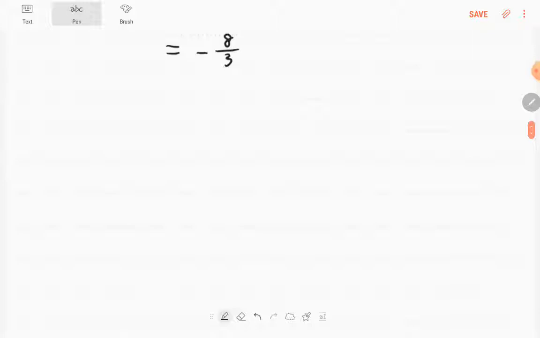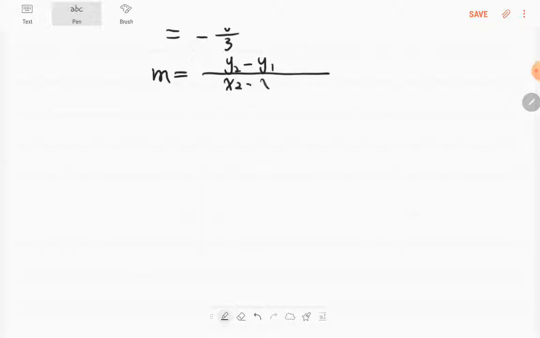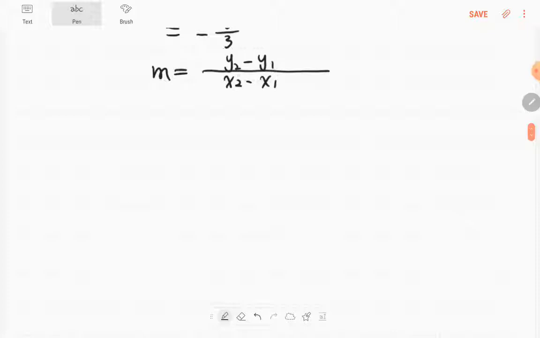So we will always get this formula. We want to get the slope, then we use y2 minus y1 over x2 minus x1. Make sure you know x2, y2 is one pair, and x1, y1 will be another pair.